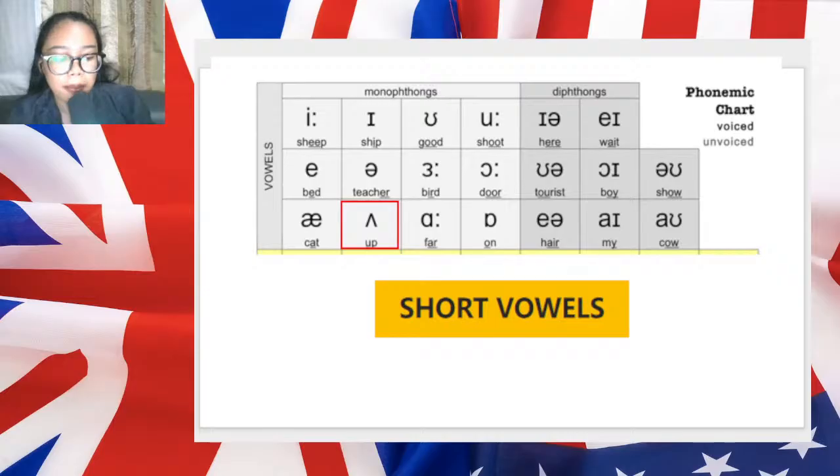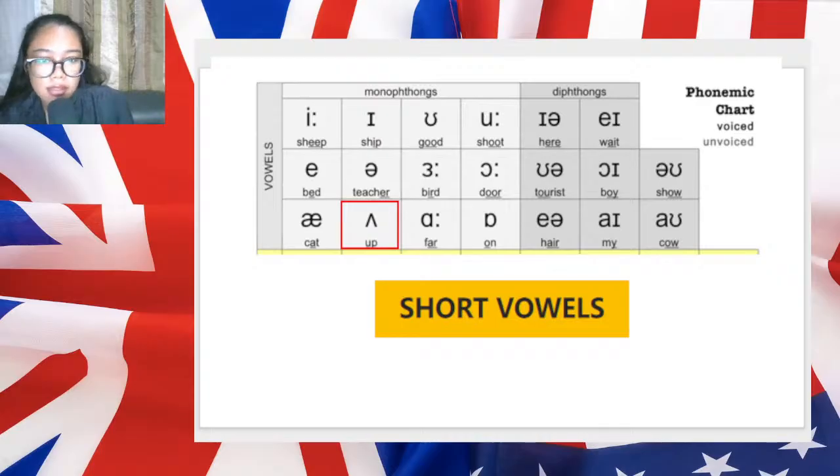So that's the sound it makes. This is a very common and often tricky short vowel sound because you hear it in words like cut, run, love. So it's tricky. That's what makes it tricky.